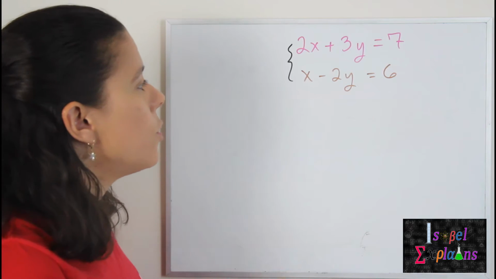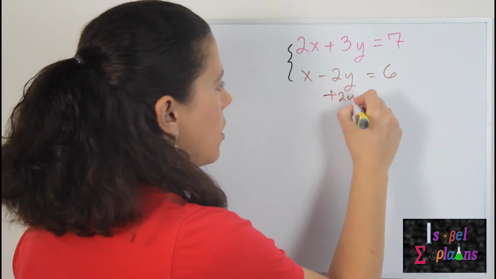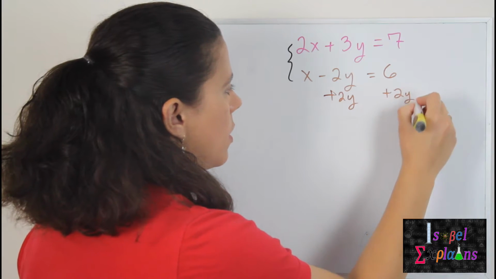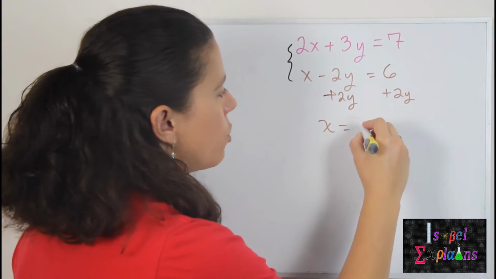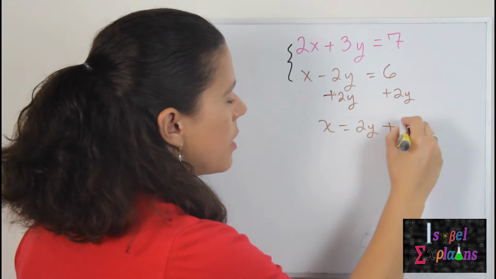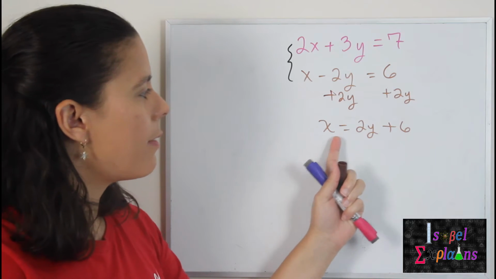So what I'm going to do is add 2y on both sides. So this will leave me with x is equal to 2y plus 6. Now, instead of having this equation, I have this one.